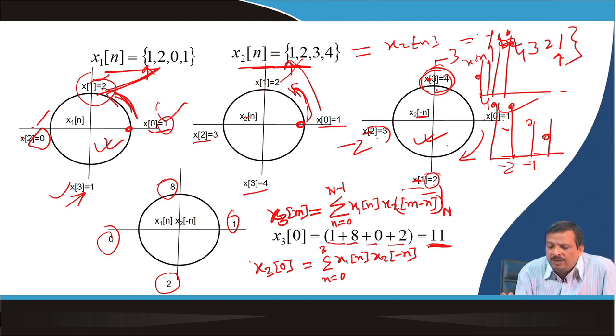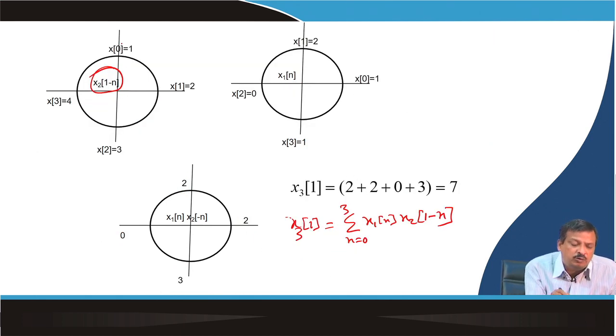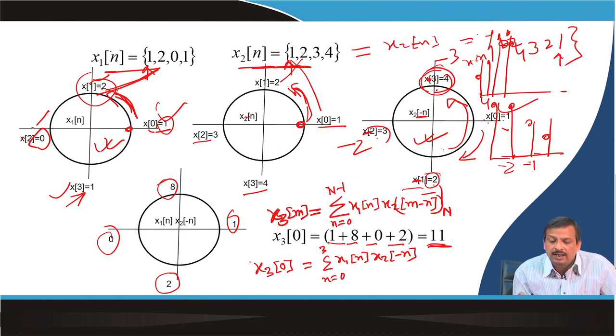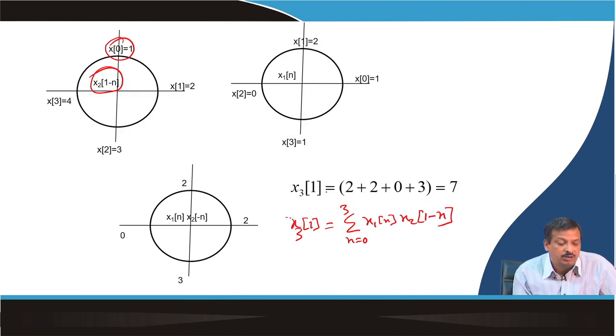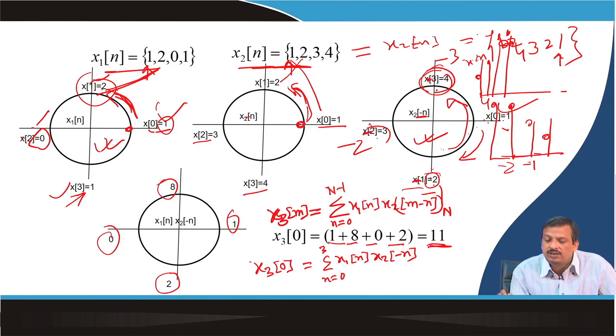Positive side means rotating this in anti-clockwise by one sample. So if I rotate it, then 0 becomes here, x0 will come to here, x of minus 1 will come to here, and this one will go here. So I rotate x2 minus n anti-clockwise by one sample.